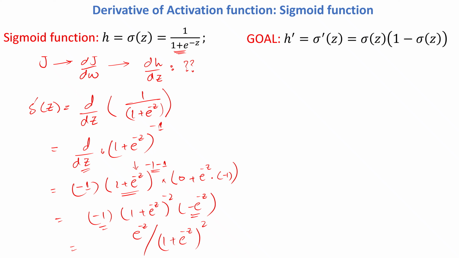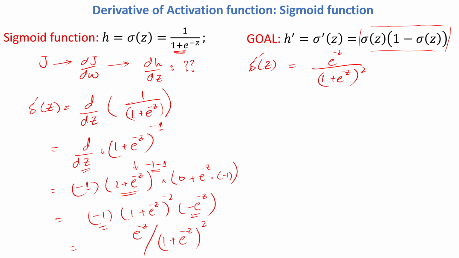Let me rewrite it again here. Derivative of sigma is e to the power minus z divided by (1 plus e to the power minus z) squared. Now I want it to be written in this form, right?